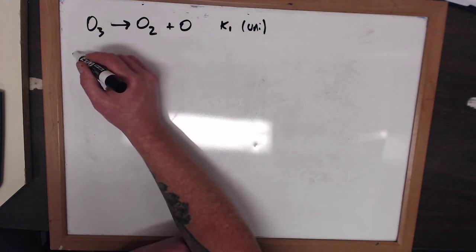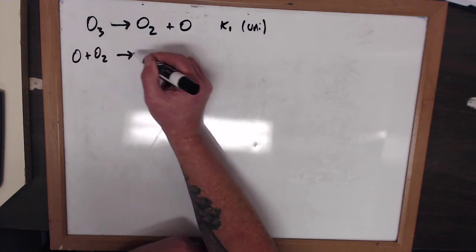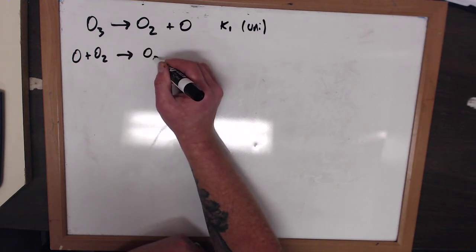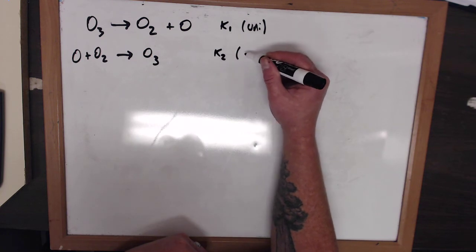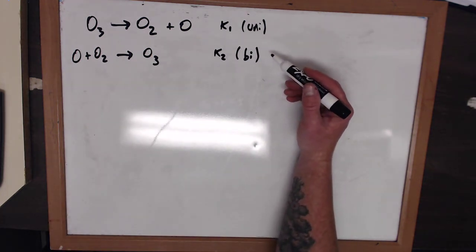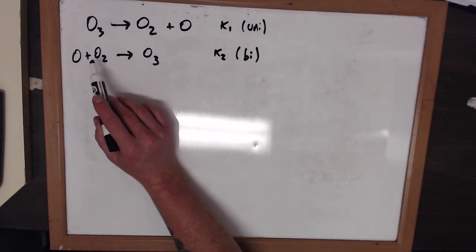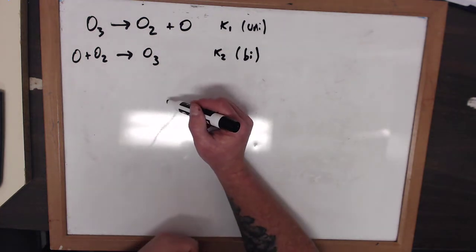The second step happens in which an oxygen atom reacts with an O2 to become an O3, and we'll call that k2, and for now we'll just chalk that up as a bimolecular second order reaction. In actuality, this reaction is termolecular. It involves a third body, but to keep this simple for now, let's not worry about that.